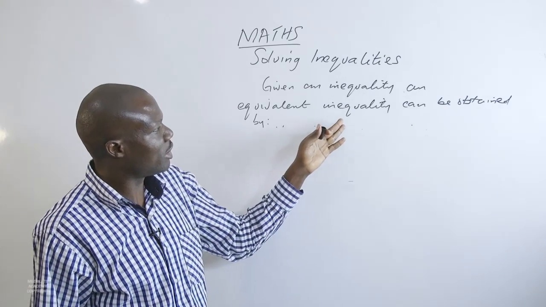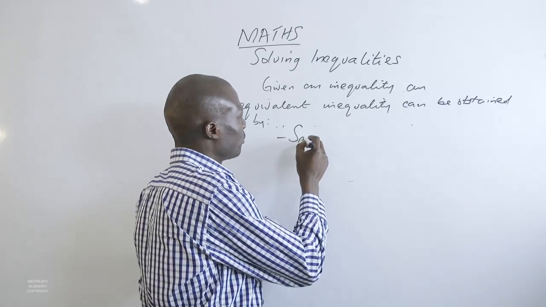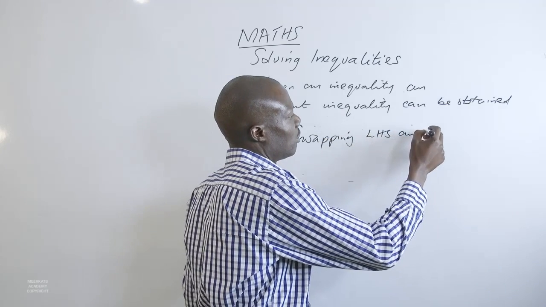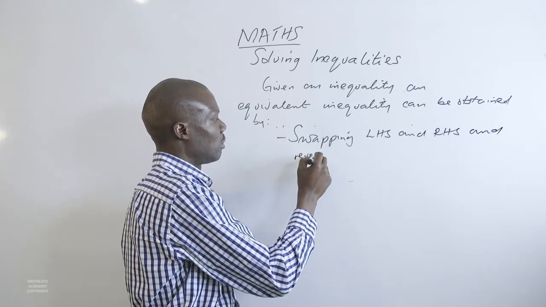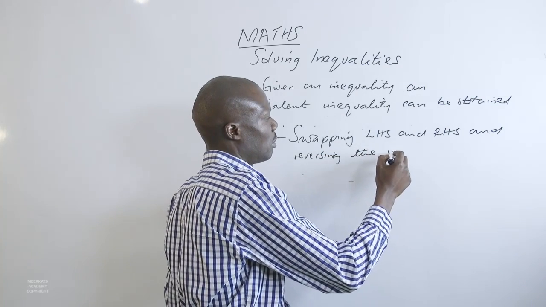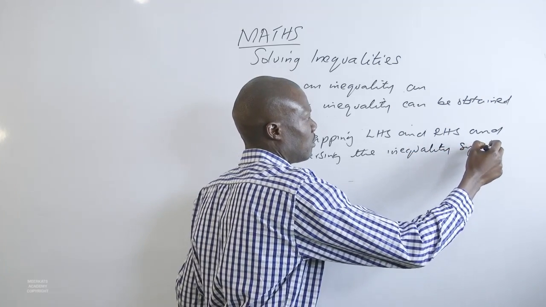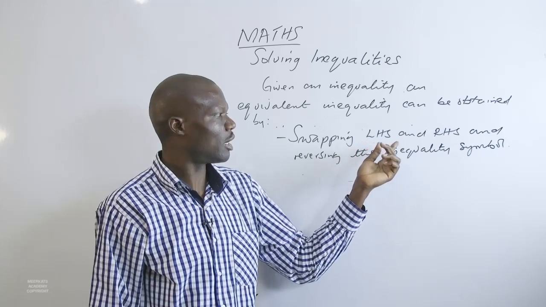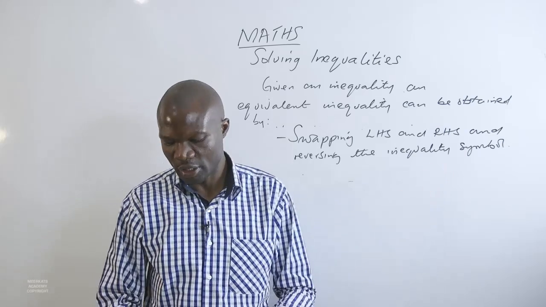You can obtain an equivalent inequality by swapping the left-hand side and the right-hand side and reversing the inequality symbol.